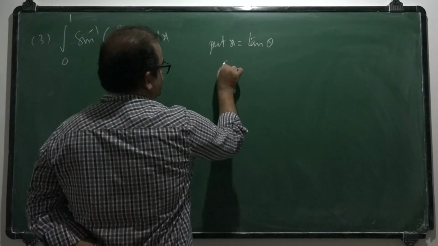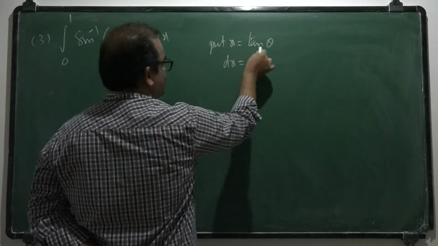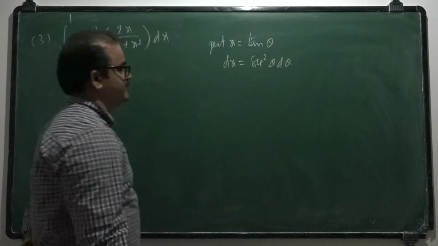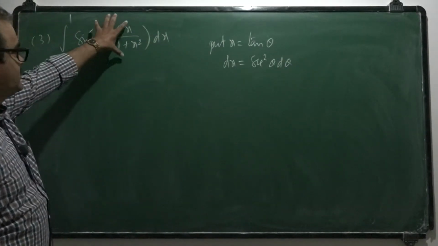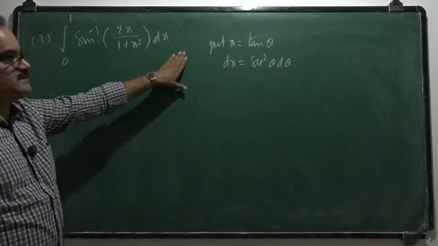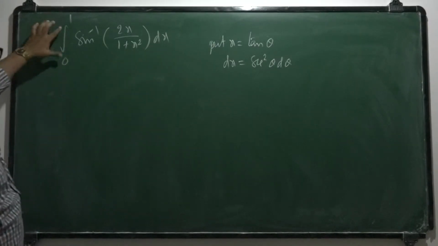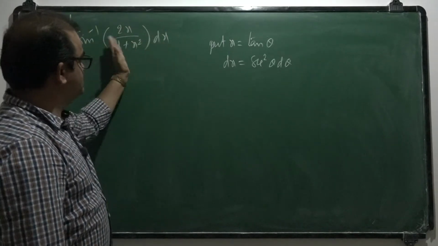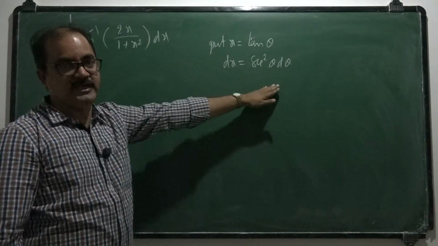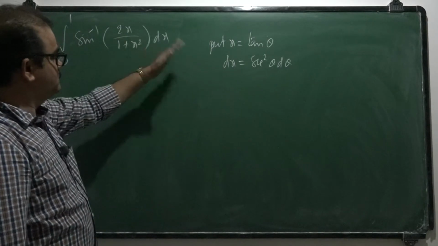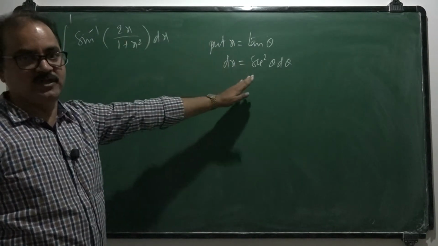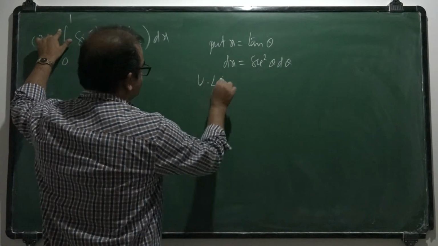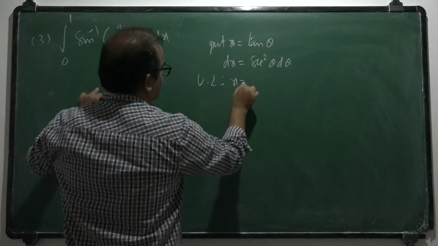Taking derivative on both sides, derivative of x is equal to derivative of tan theta: dx is secant square theta into d theta. Here the given problem is in terms of x. So these are the limits to the variable x. We want to change this into the variable theta. Now we find the limits to the variable theta also. What is the upper limit? x is equal to 1.